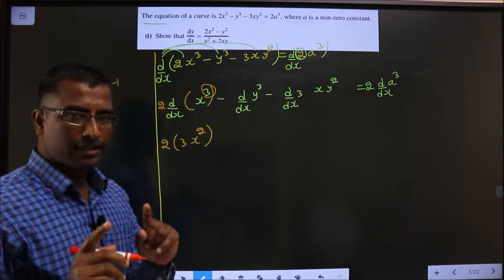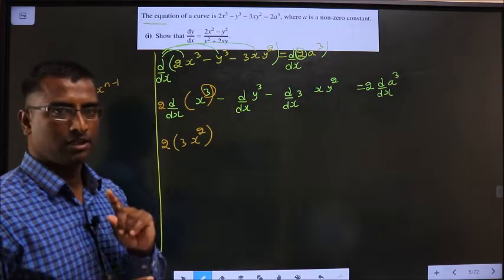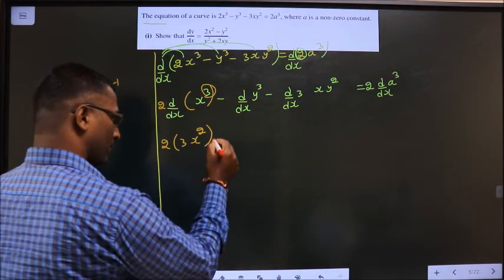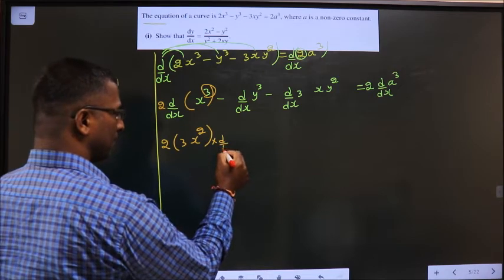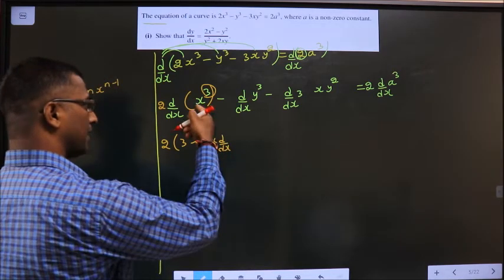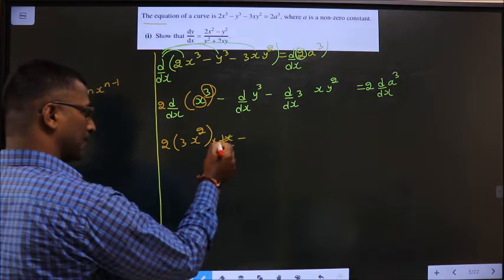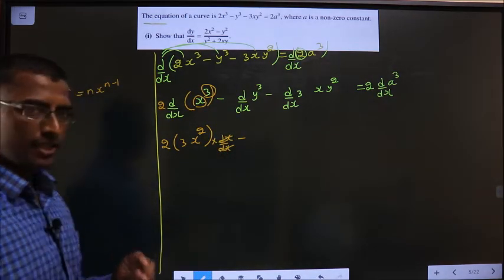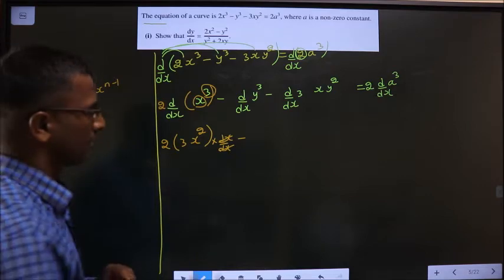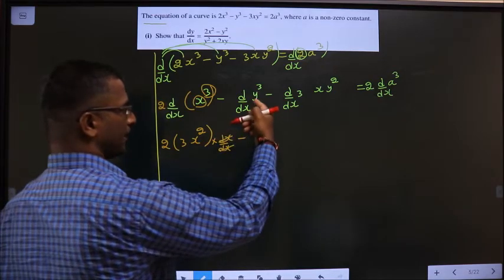And the good practice is, whenever you are differentiating, write d/dx of whatever letter was present, x. No doubt it will become 1, but still you should write. Now over here also the same thing.